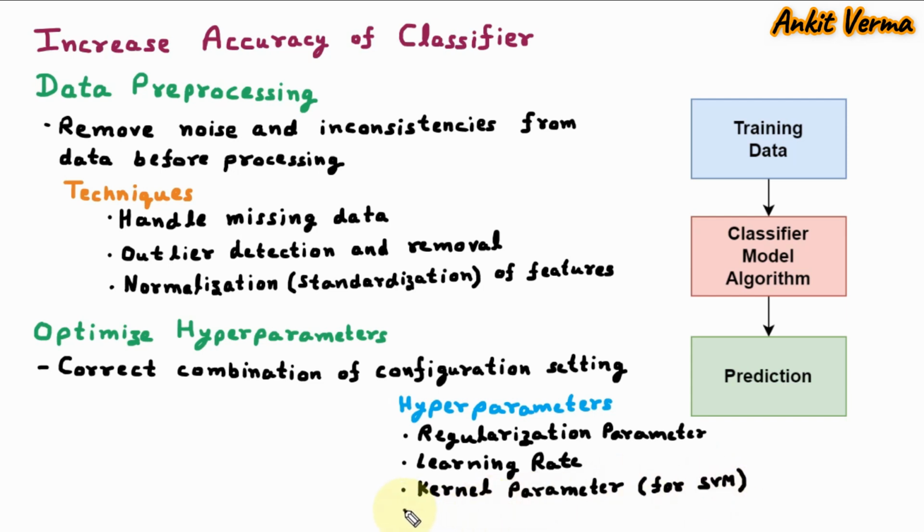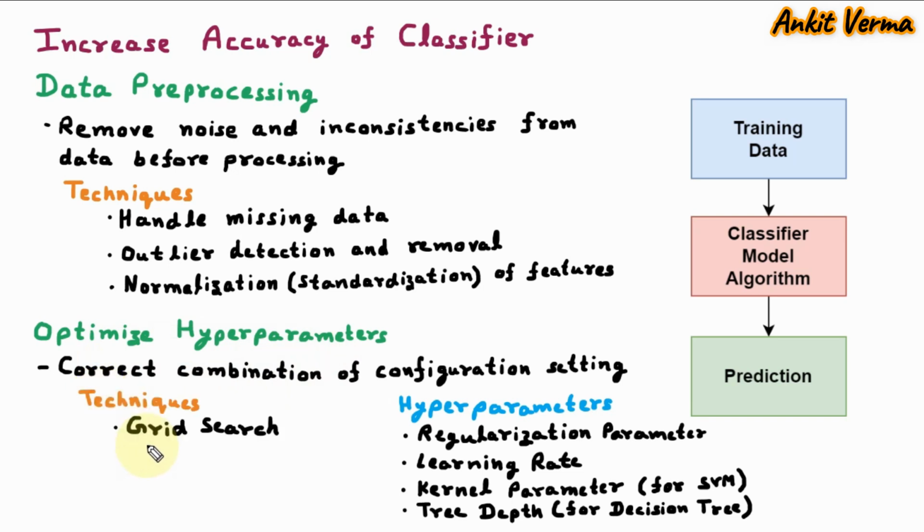The next is tree depth, which is for decision tree. So these are the hyperparameters or the configuration settings which we can optimize. The techniques to optimize hyperparameters are grid search and random search.